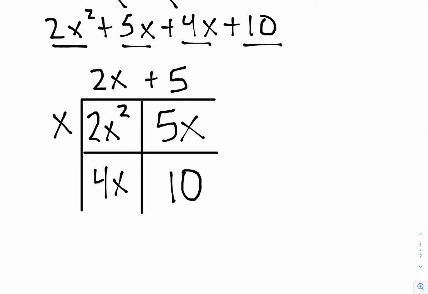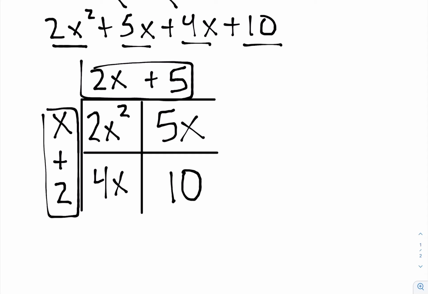Now we know that 2x, the term up here, is going to be a factor of 4x. So 2x times what is going to give us 4x? 2x times positive 2 is going to give us 4x. So these are two brackets, x plus 2 and 2x plus 5.